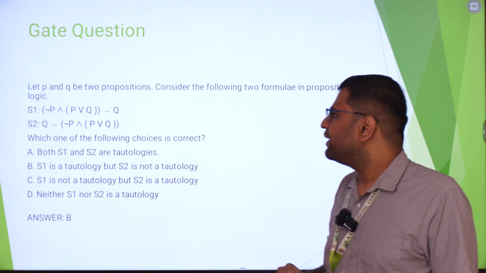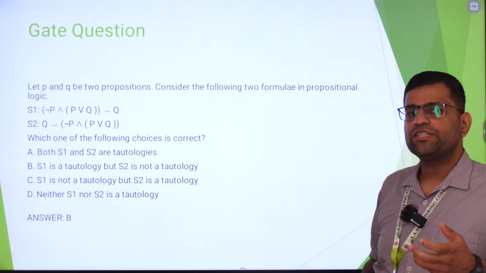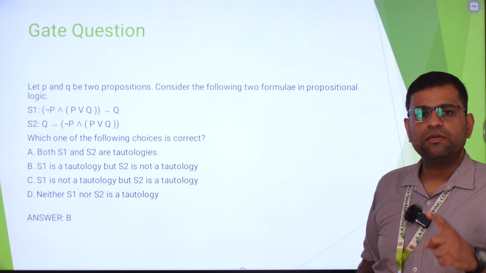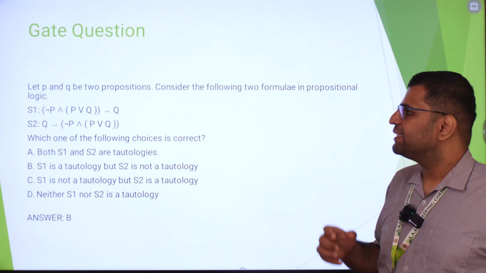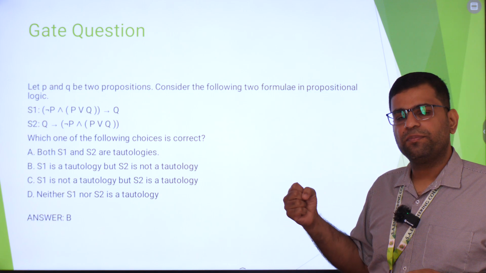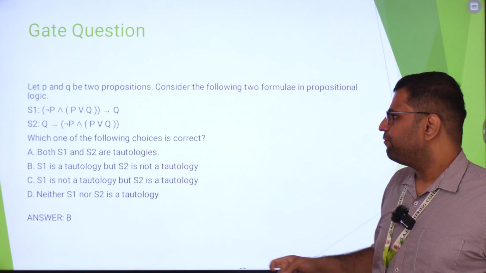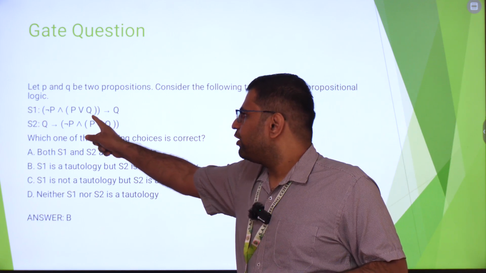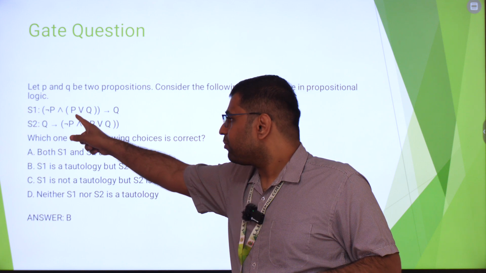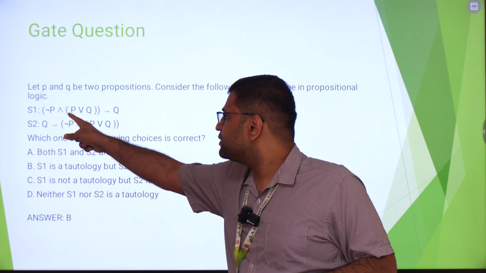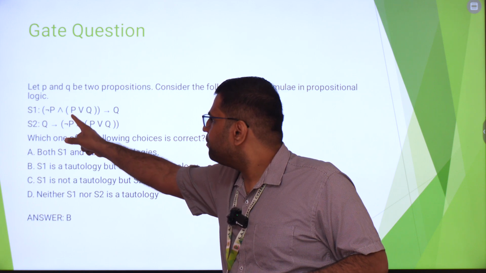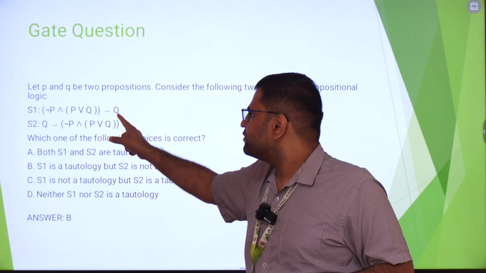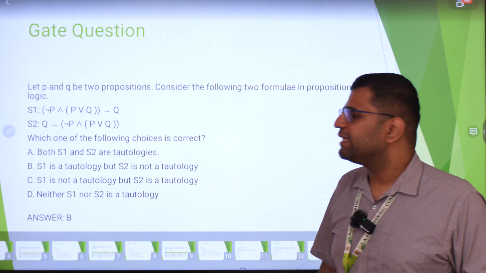Let's see the statement here. Let's see if Q is false. Implication means it will turn false when the second proposition is false. If Q is false, it depends on P. Otherwise it becomes true.